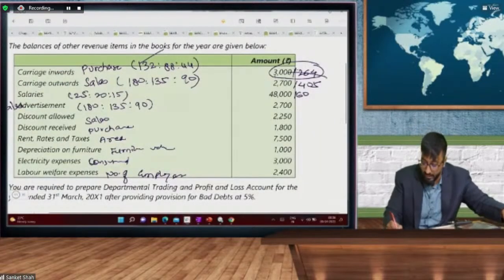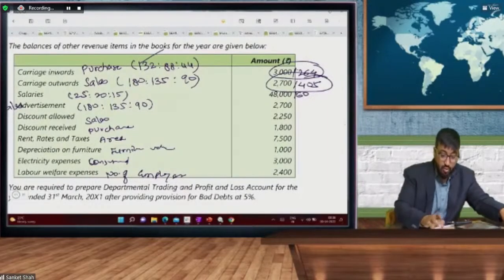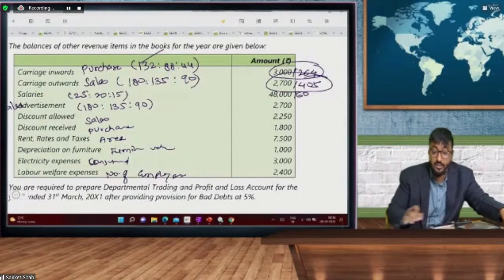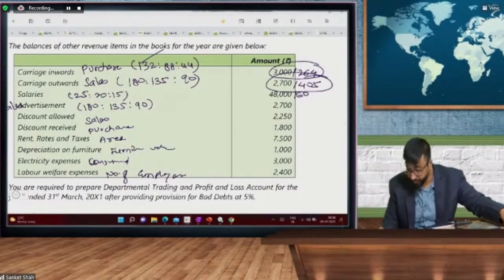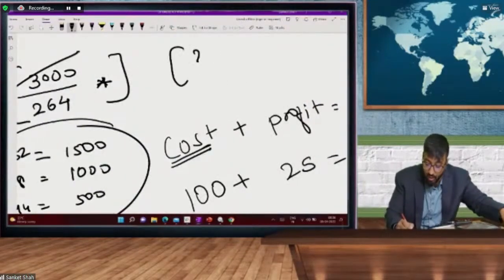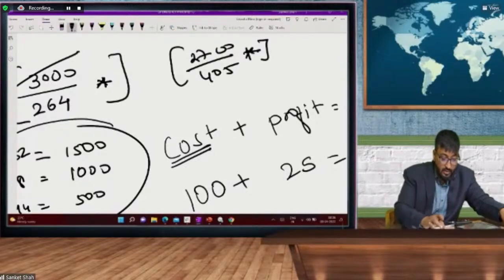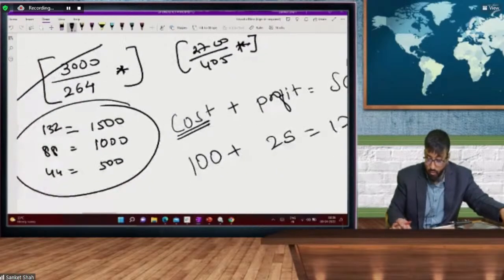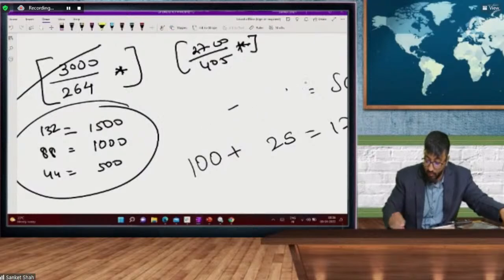Once again, for this one, 2700 divided by 405. Take it on calci. 2700 divided by 405. So calci will retain this figure. 2700 divided by 405 into, yes, now what is the ratio beta?